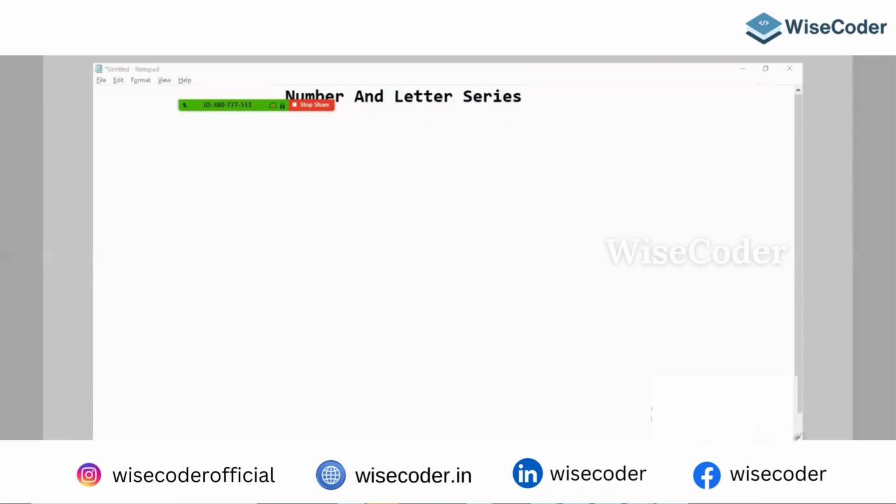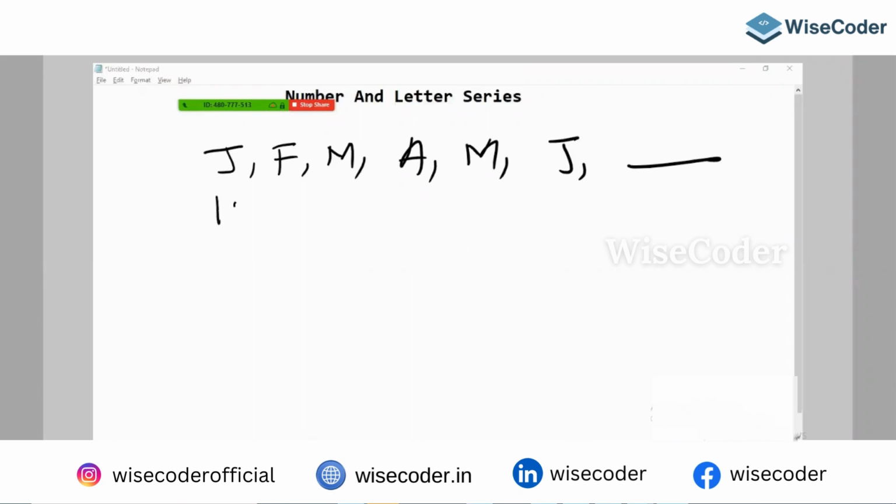There are some special series. If the series is like this: J, F, M, A, M, J. People used to write the place positions 10, 6, 13, 1, 13 and 10.